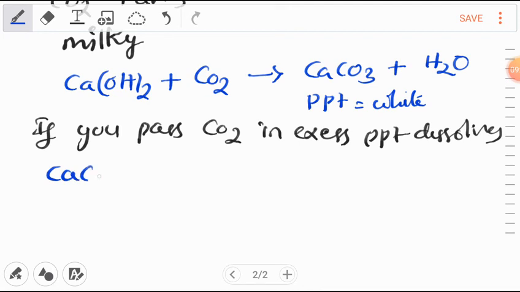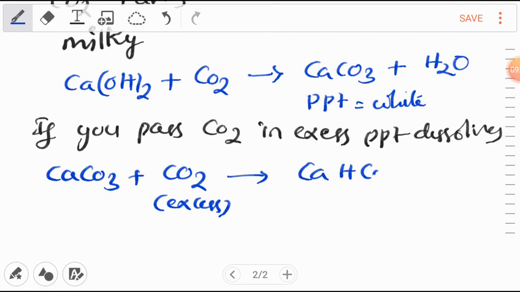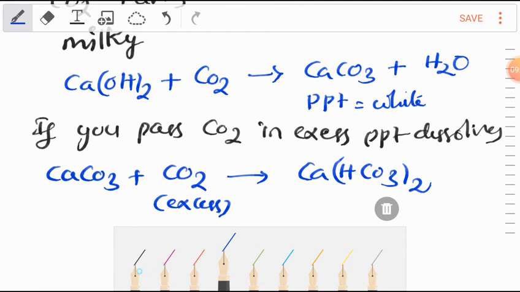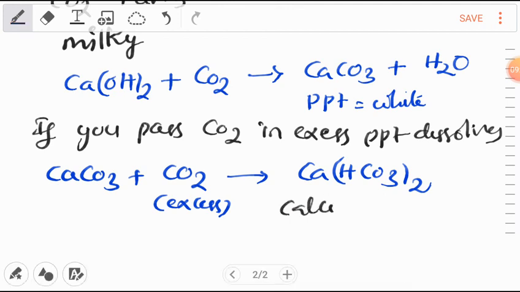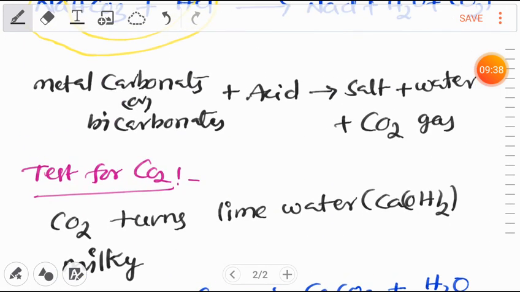So CaCO3 plus CO2, in excess, converts into Ca(HCO3)2. This is calcium bicarbonate. Okay, and this happens in activity 4. The test for carbon dioxide is very important, and these chemical reactions are important, and the result is important.